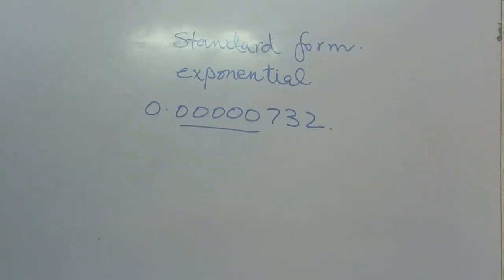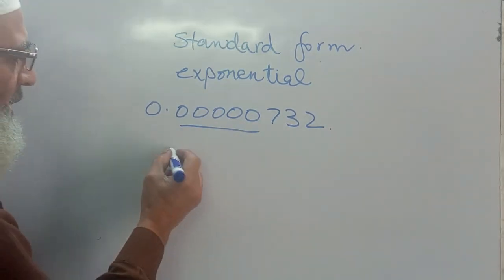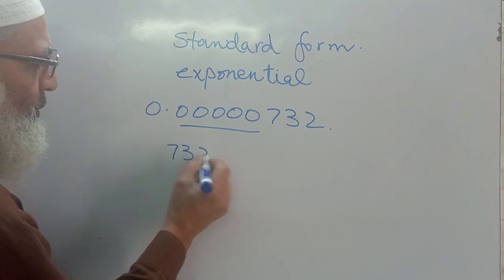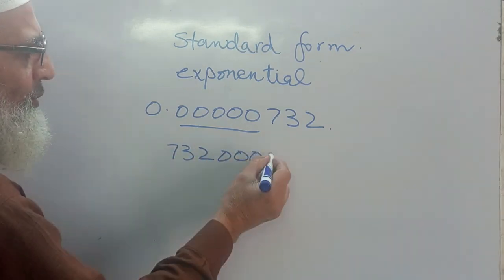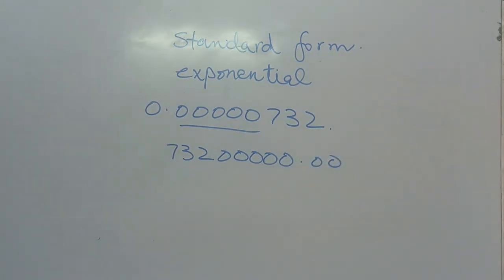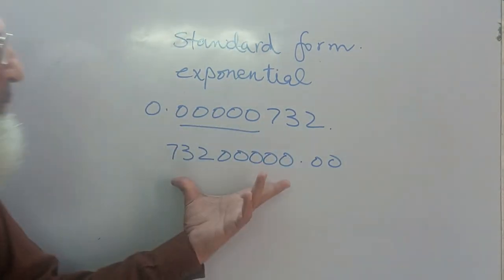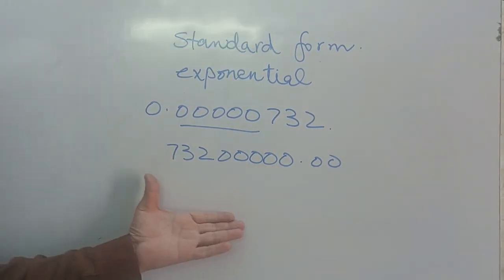If I reverse this whole situation, it will become 732000000.00. Now you see that this number is quite large. This is the whole number, but it is still very large.